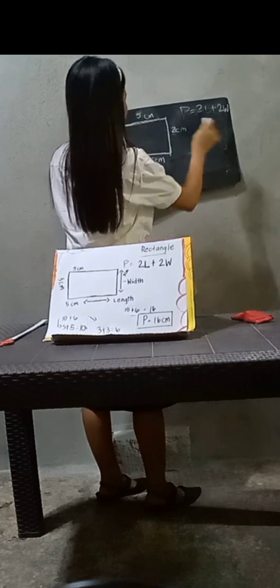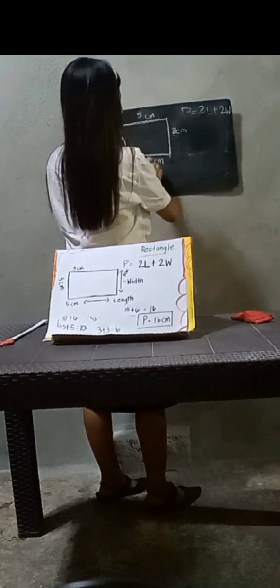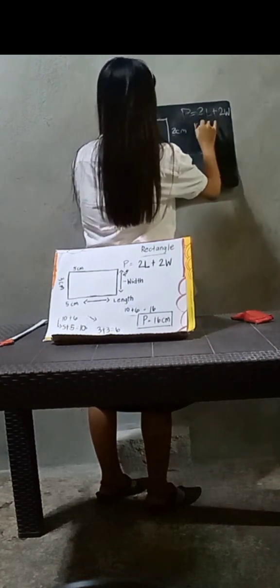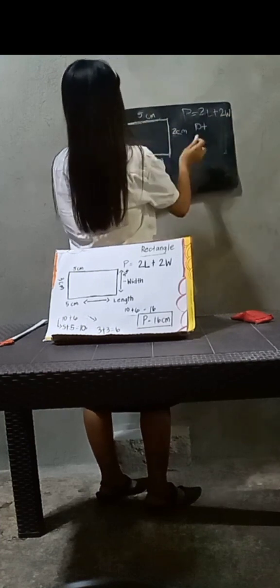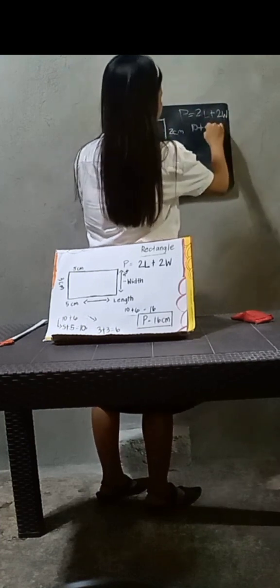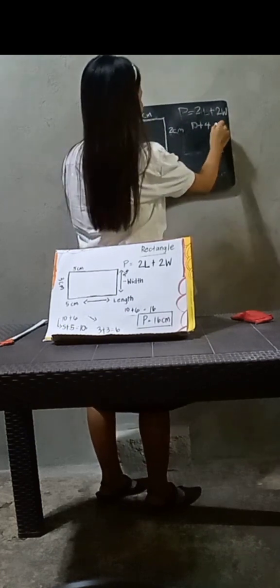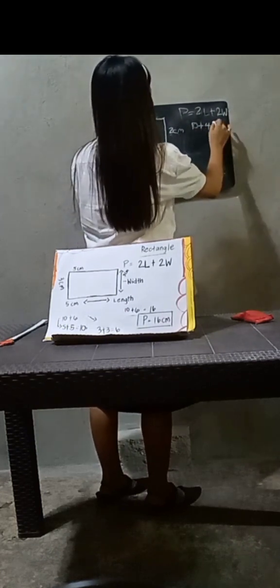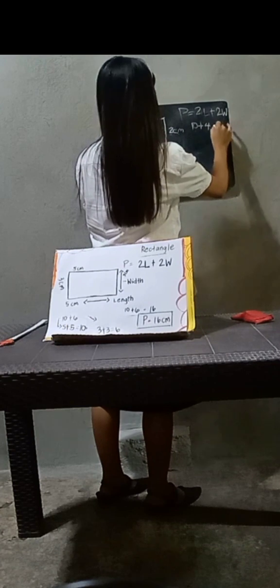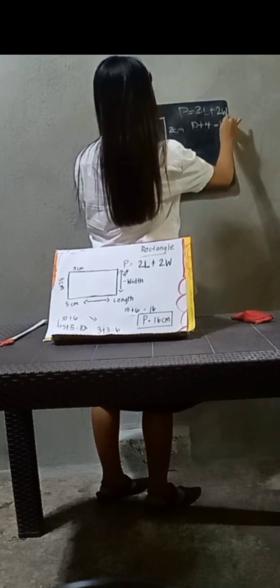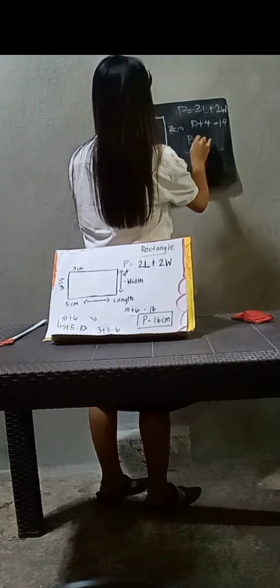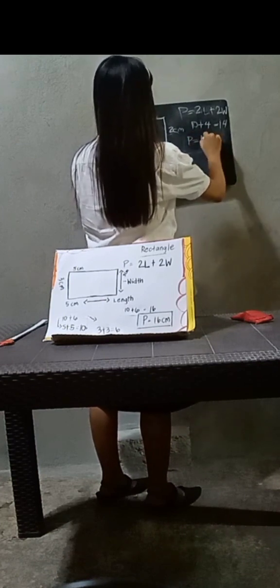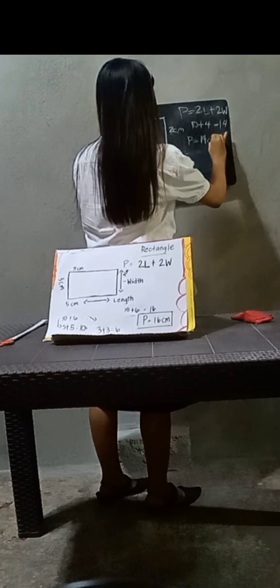First, to get the 2L, 5 plus 5 is 10. Then to get the 2W, 2 plus 2 is 4. So 10 plus 4 equals 14. So the perimeter of this rectangle is 14 centimeters.